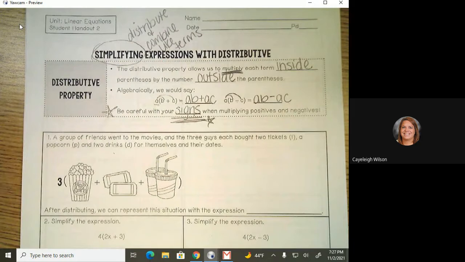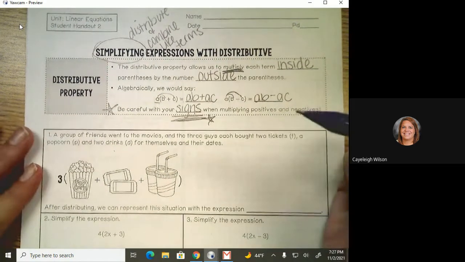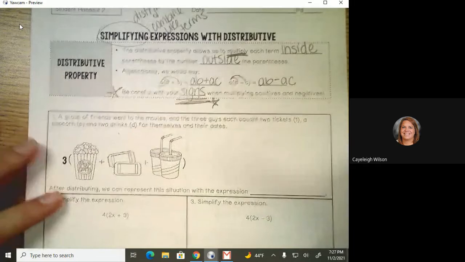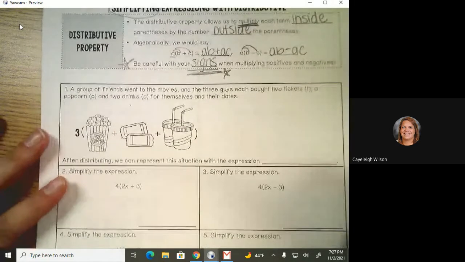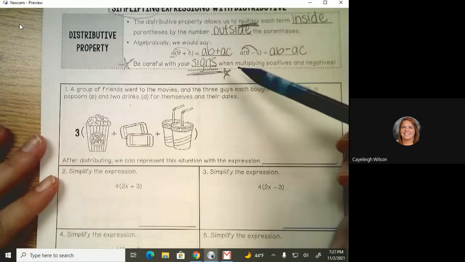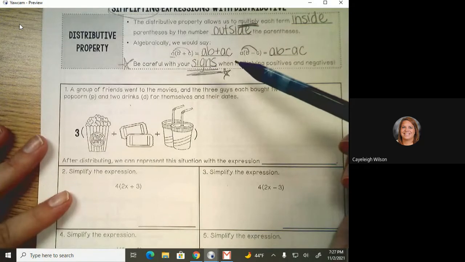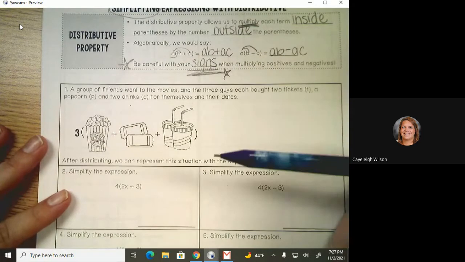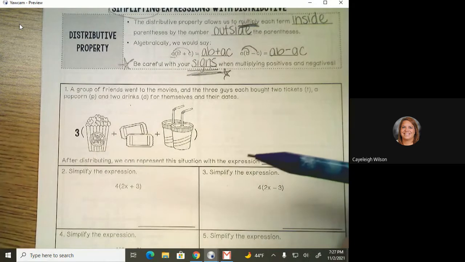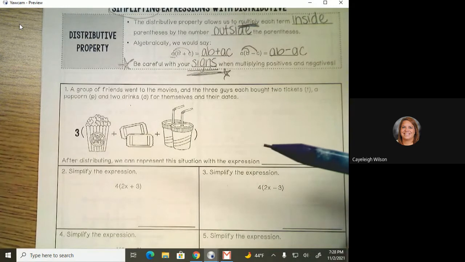That is such a big deal that it typically makes or breaks somebody's problem, that they're not paying attention to those signs. Much thicker lead here. Okay, so a positive times a positive is a positive. A negative times a negative is a positive. But if they're different signs, like a positive times a negative, that's negative.